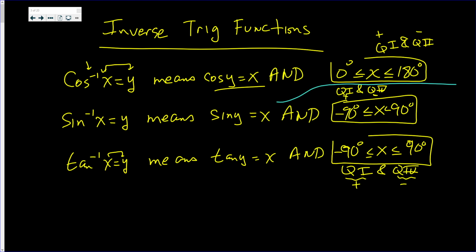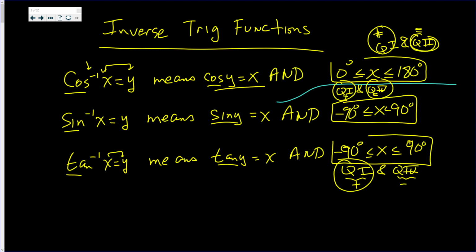Now, please notice that every one of them has quadrant 1 in its answer. Quadrant 1 is always positive for these three trig functions. In fact, all trig functions. Quadrant 2, the other quadrant, is negative.